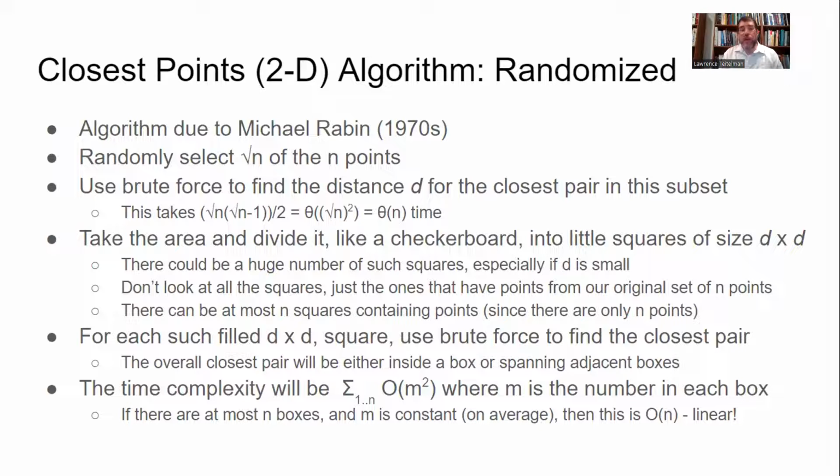Right, I have at most N boxes, because I only care about boxes that have at least 1 point in them, right? And then I need to look at the neighbors, but there could be M neighbors. Now, how many neighbors do I expect to have? We already said there are 8 boxes, but how many points do I have to worry about, either in my box or the 8 neighbors?